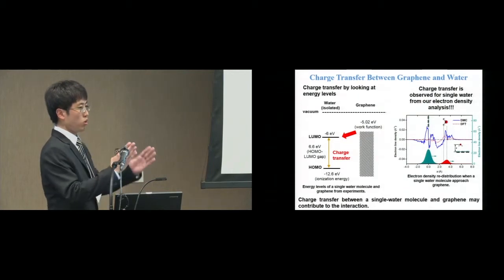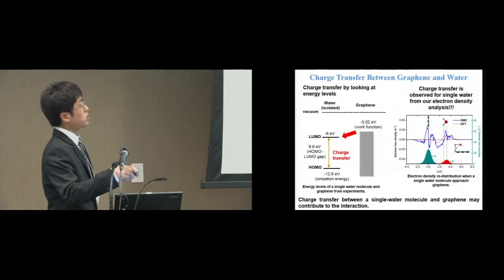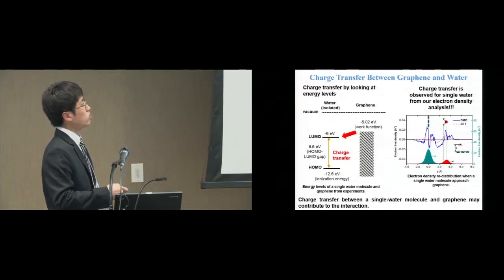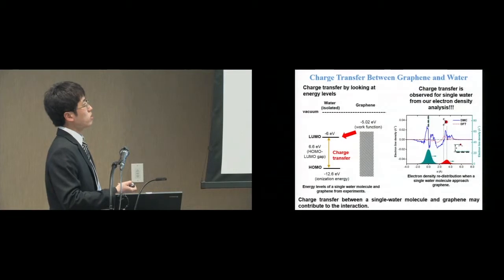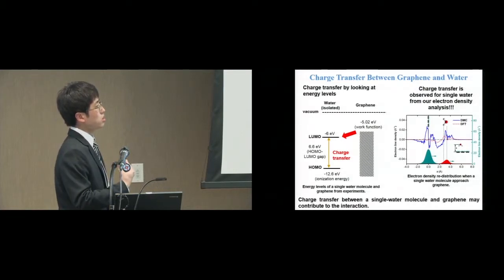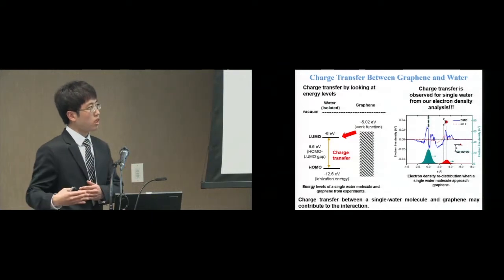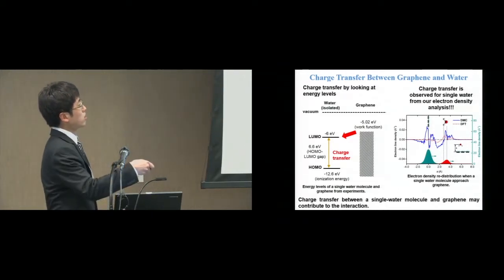This means that when we bring the two really close, there could be some electron transfer from graphene to water. So we did the electron density analysis from the quantum Monte Carlo calculation, and we did find this to be the case.